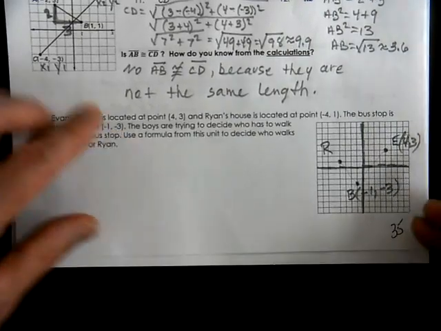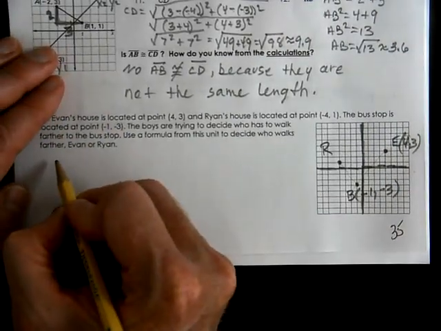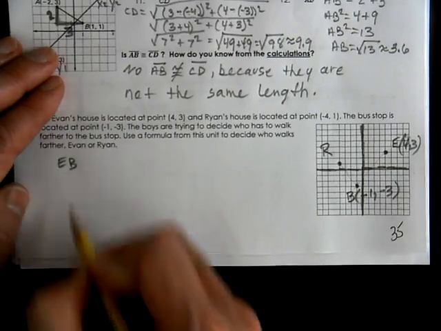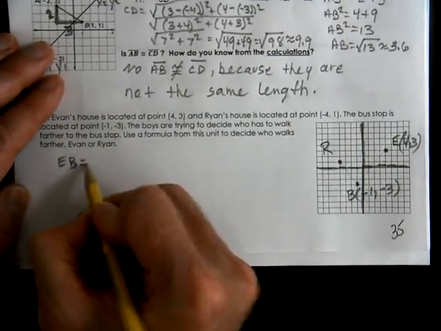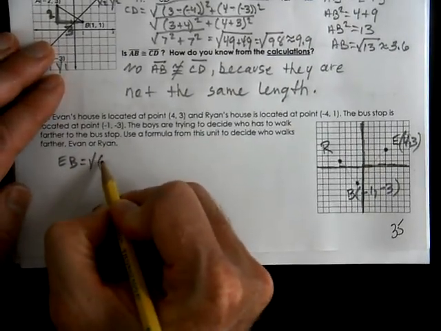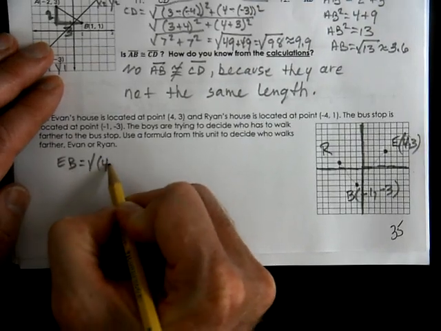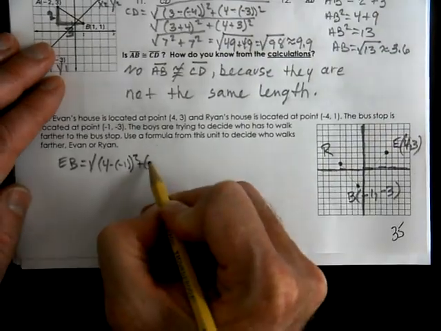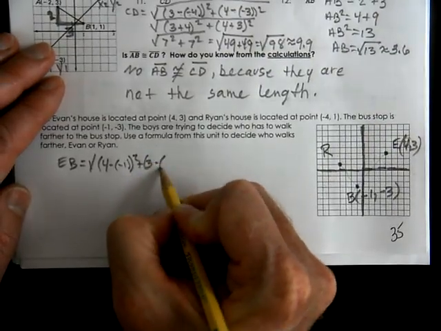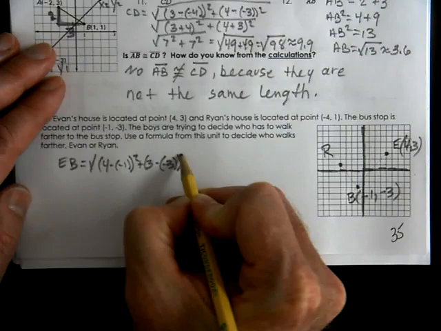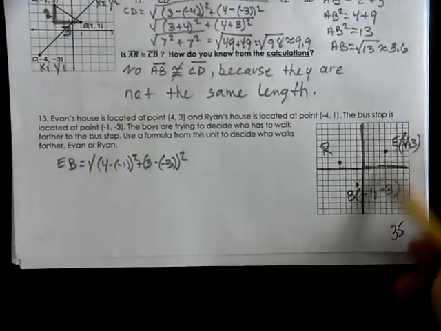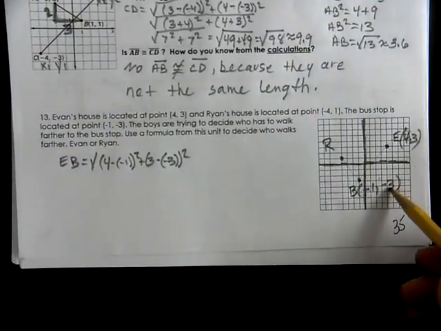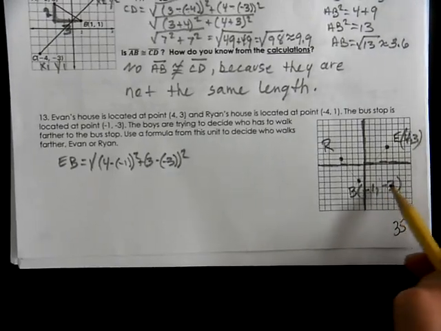So we can use our distance formula again. dB is going to equal the square root of x2 minus x1 and y2 minus y1. Notice how I do that. I have to pick the x's together, then I pick the y's together. I don't pick the numbers next to each other.